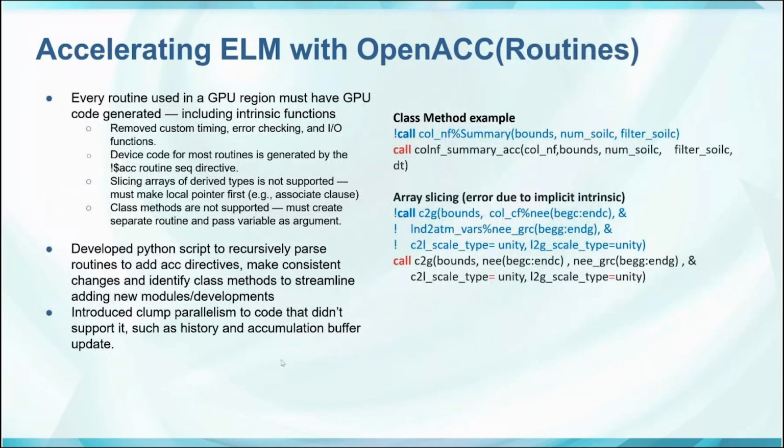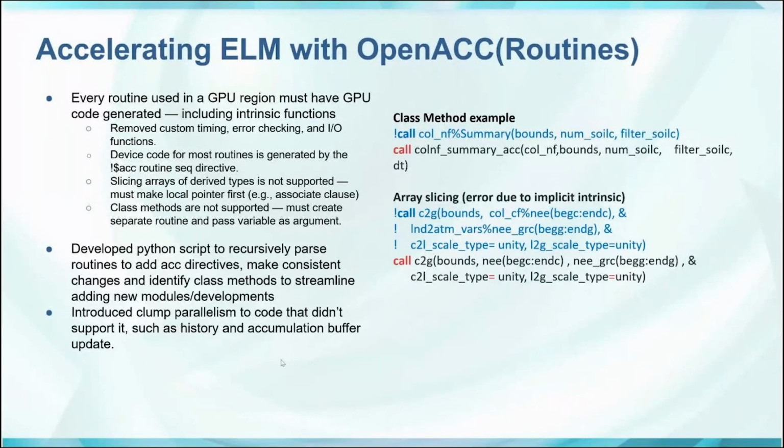And then each of the routines is, as I said, parallelized within these clump parallel regions, and relatively unobtrusive within the routines, but requires some changes in the way that the parameters are called for the routines.